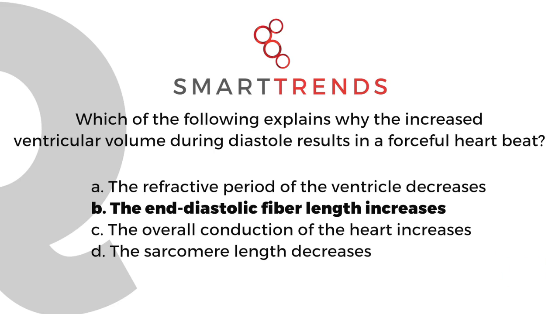Right, increased end diastolic fiber length. So the longer the fibers, the more you're able to have more ventricular filling and a more forceful heartbeat. Hence, higher stroke volume and a higher cardiac output.